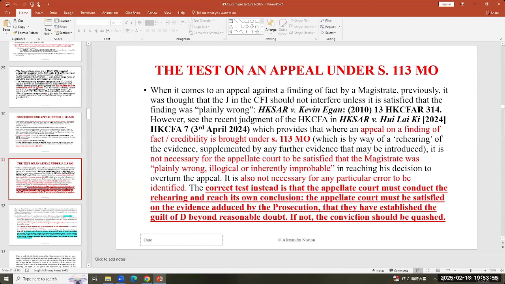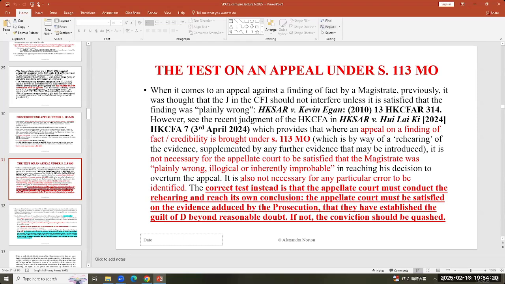There doesn't even have to be a particular error identified. The appellate court has to conduct a full rehearing and reach its own conclusion. In other words, they have to be satisfied that the prosecution have proved their case beyond reasonable doubt. And if they can't be satisfied of that, then the conviction should be quashed.